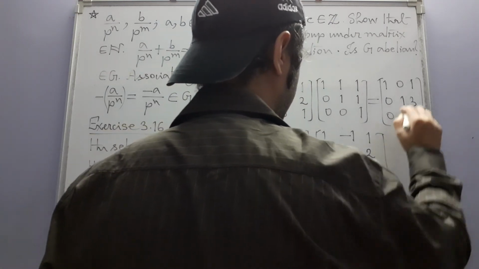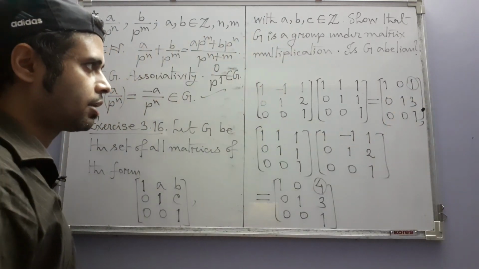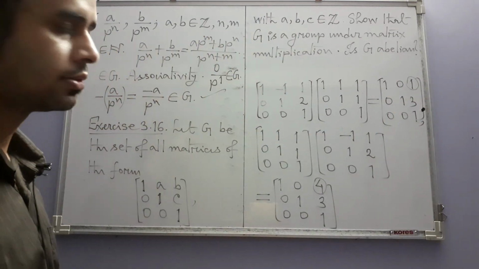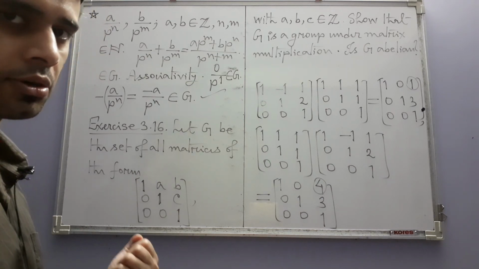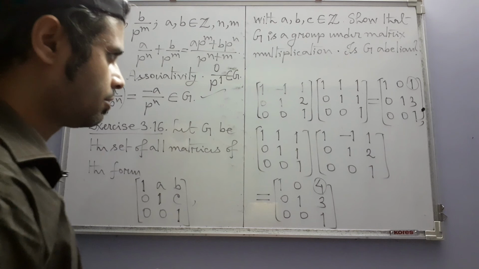So the 2 matrices differ in their first row, third column entries. So they are not equal, and that's why the group is not abelian. It's a non-abelian group.